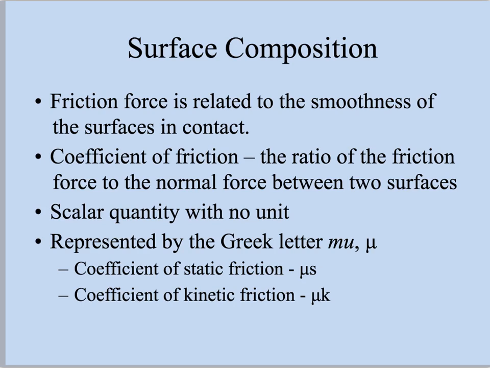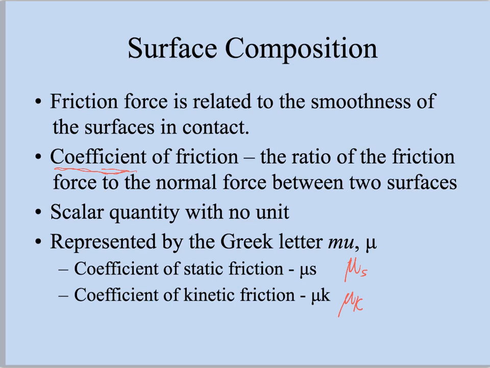Friction force is also related to the smoothness of the surfaces, and we have something called the coefficient of friction. The coefficient of friction is abbreviated with a little mu symbol, and that mu symbol can be static or kinetic. So you have the coefficient of static friction and the coefficient of kinetic friction.